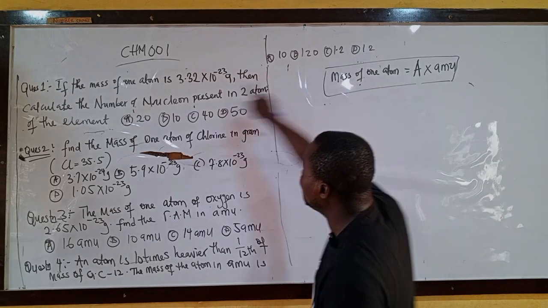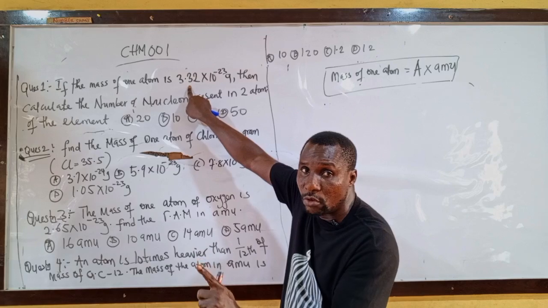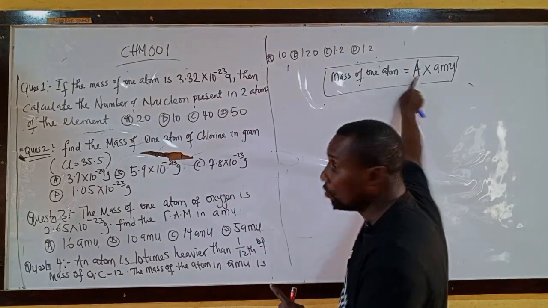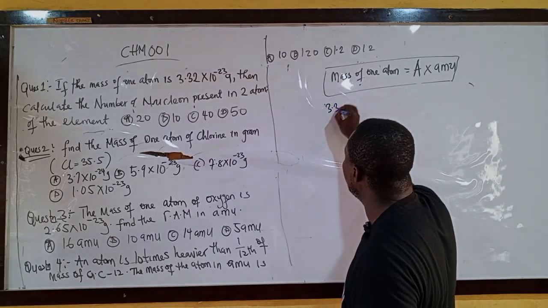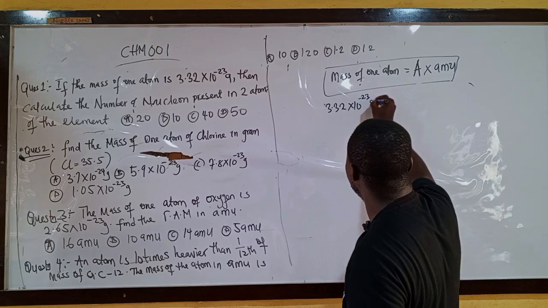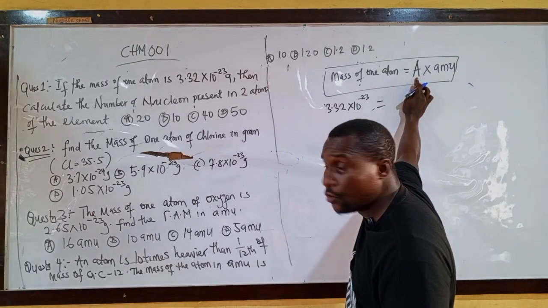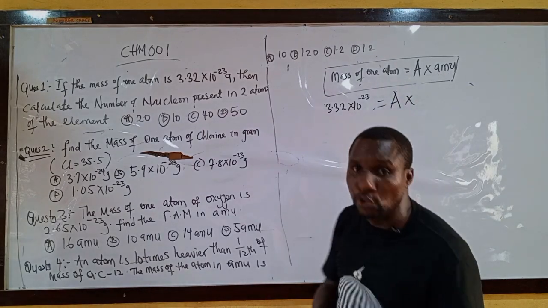Mass of one atom is given as 3.32 times 10 raised to the power minus 23 gram. From here, mass of one atom equals the number of nucleons, A, times atomic mass unit.